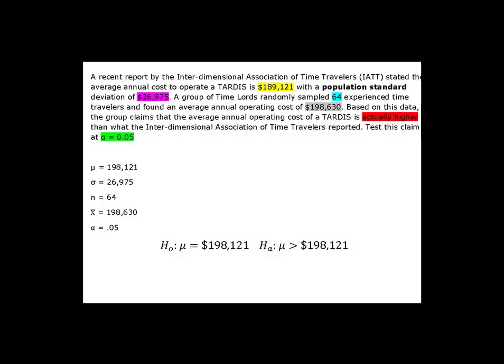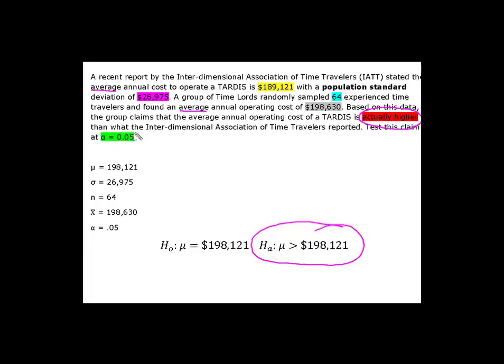So for those of you who may or may not have been around for that one, what I want to remind you is that we are hypothesis testing a mean because we're dealing with average annual cost. We're looking for average annual cost for operating this TARDIS. We determine, based on this claim, that the actual operating cost is actually higher, that gave us this alternative hypothesis of mu greater than the 198,121.